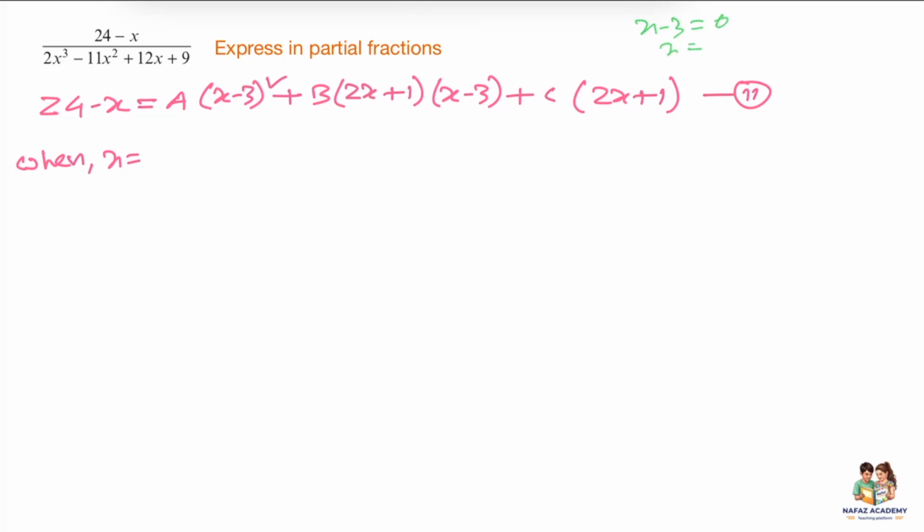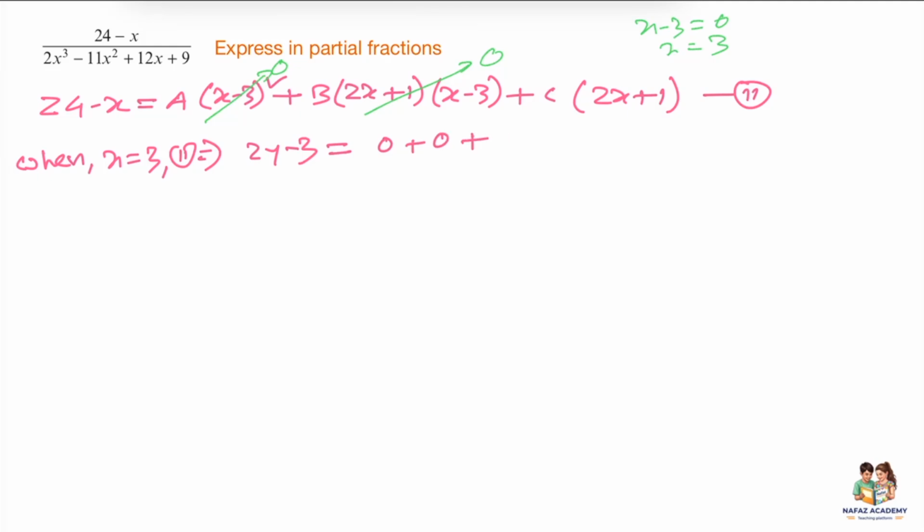Now we have to substitute the value of x equals 3. x minus 3 equals 0, x equals 3. Substitute it in equation 2. 24 minus 3. Which part must be 0? The part A and part B must be 0, right? Because both of them have the x minus 3 factor.